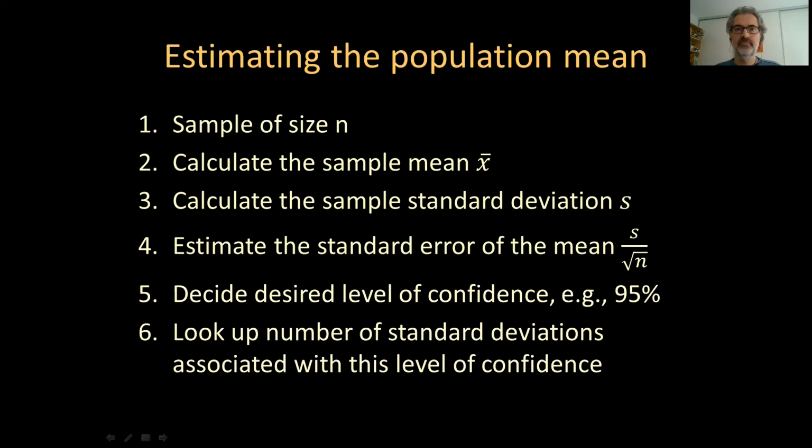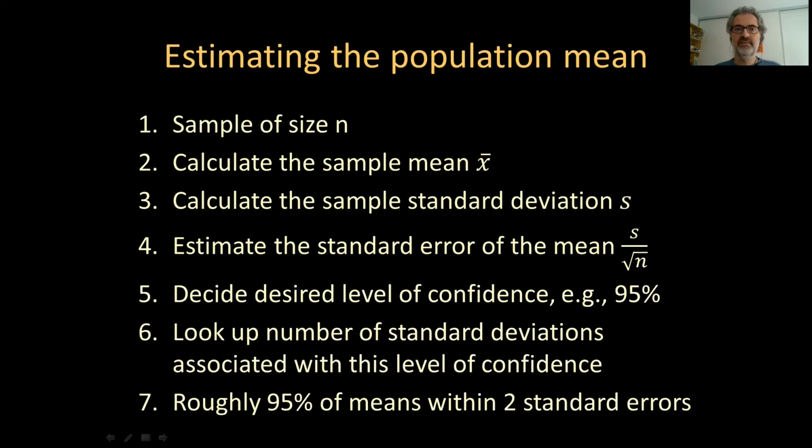As we know, 95% is associated with 2 standard deviations in the normal distribution. Therefore, this means that 95% of means will lie within 2 standard errors of the population mean because the means are normally distributed.